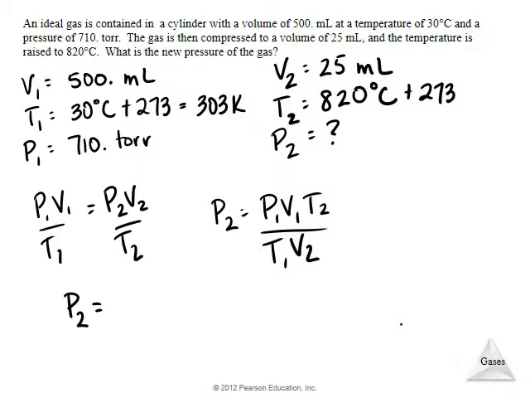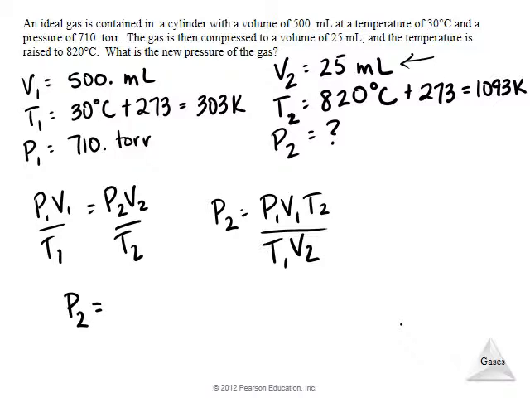Now we've got 3 significant figures, which won't make a difference because we've got 2 for the volume, and so our answer is going to have to be 2 significant figures. And then 820 plus 273 gives us 1093 K. It's hot. Now I'm ready to plug my numbers in.